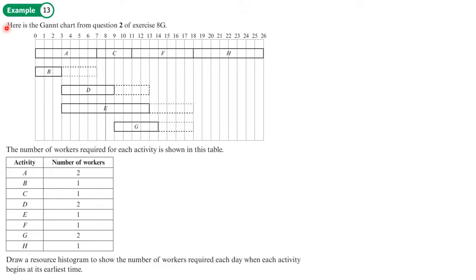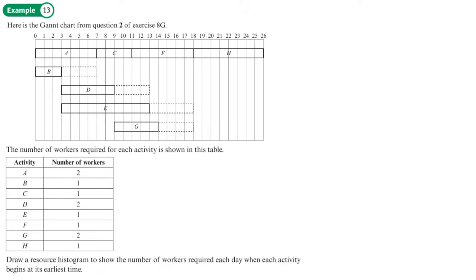Example 13. Here is the Gantt chart from question 2 of exercise HE. So it's here, it's done for us. The number of workers required for each activity is shown in this table here. Draw a resource histogram to show the number of workers required each day when each activity begins at its earliest time.